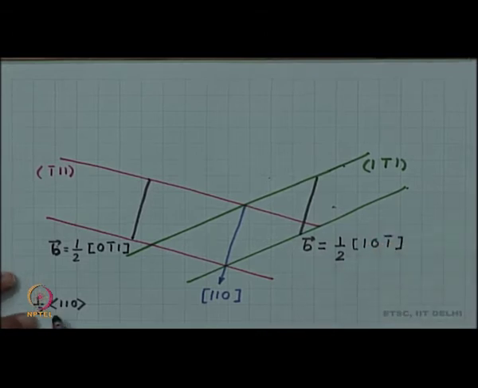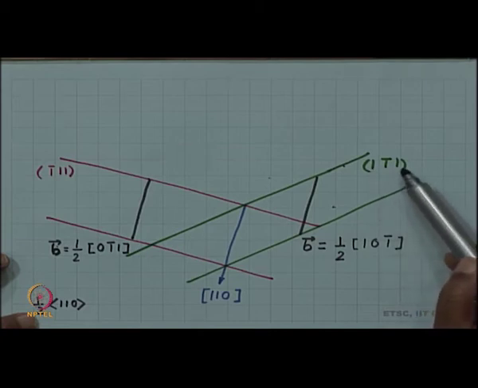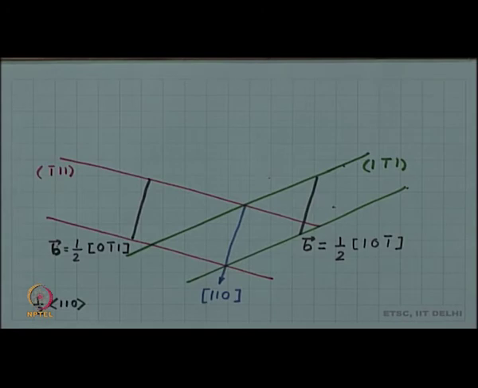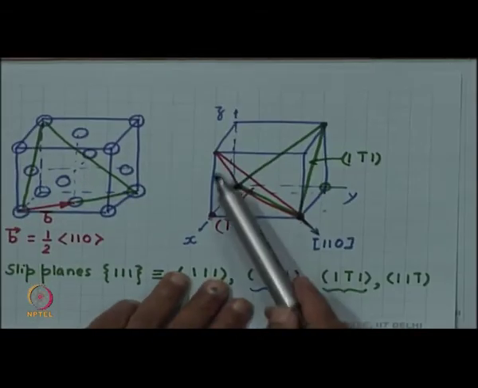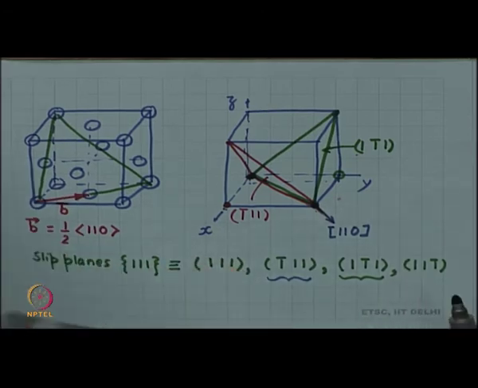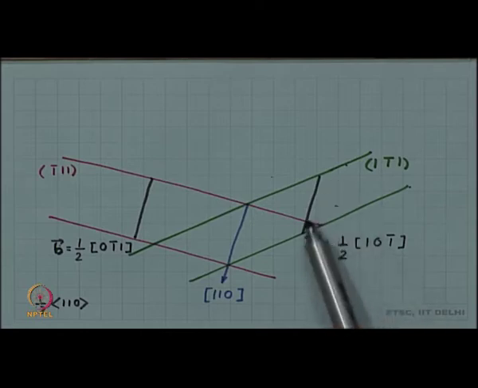Again I have chosen from this family, and I have chosen one vector which satisfies the Weiss zone law with 1 bar 1 1, such that the Burgers vector lies in this plane. So, now I have a scenario where there are two intersecting slip planes, bar 1 1 1 and 1 bar 1 1, in a face centered cubic crystal, and on each of those planes there is a dislocation line parallel to the line of intersection and having these Burgers vectors.